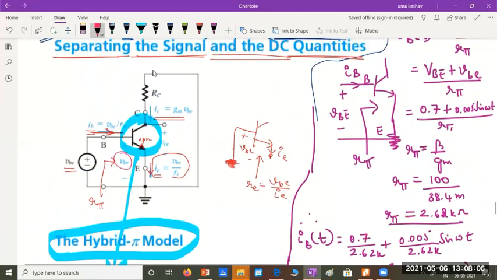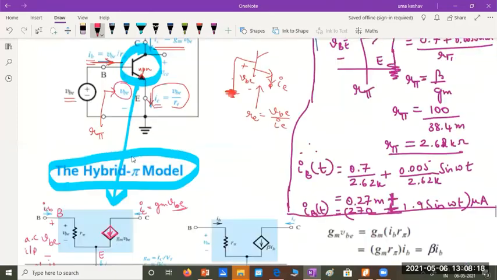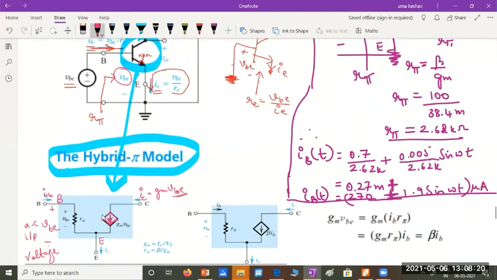And in the collector or output junction, we have the collector current IC, which depends on the input voltage VBE as GM times VBE. So we'll write a dependent current source between the collector and emitter terminals of the transistor, whose value is GM VBE.